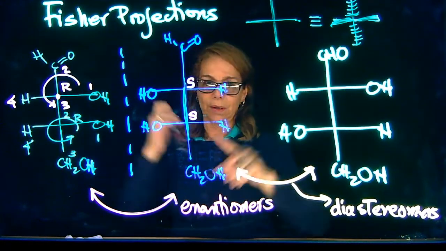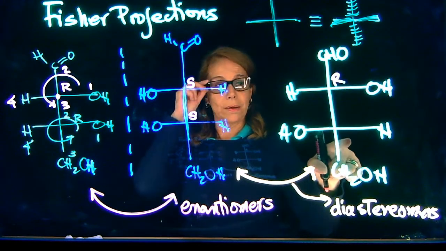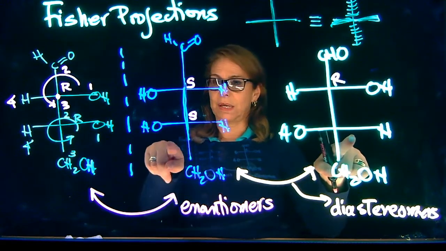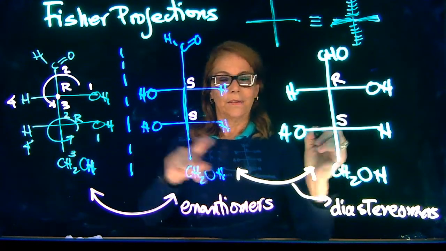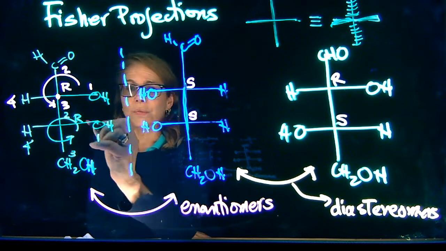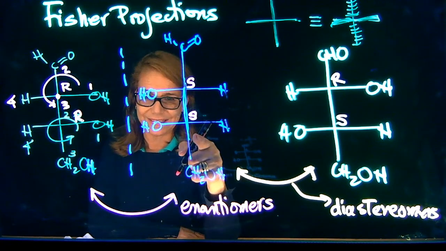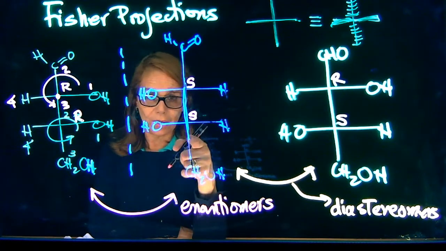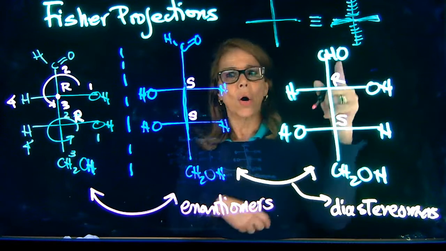The top carbon is R. Now the one here in the bottom is actually like this one, so S, S. Notice that for the enantiomers, the two centers were inverted: here R, and here S. In the case of the diastereomers, only one center is inverted.